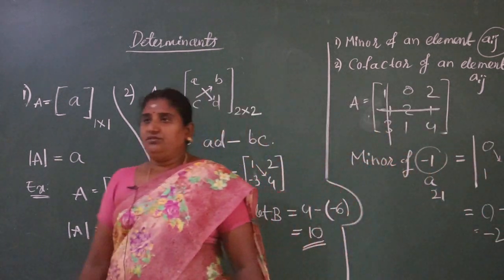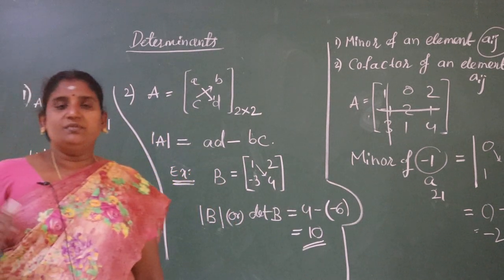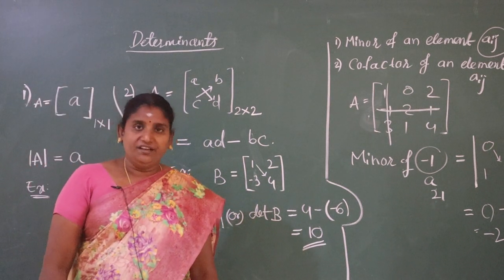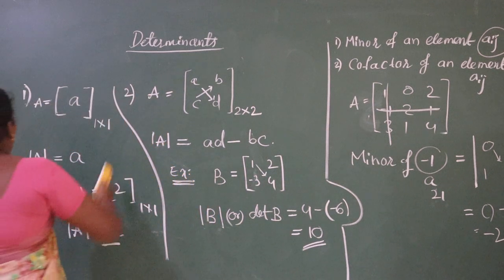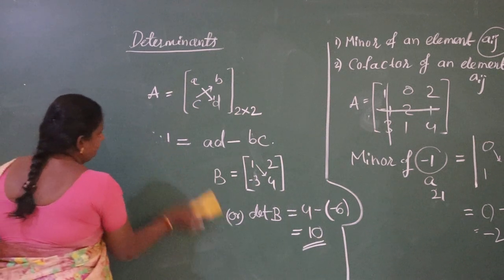Now I think you understood. Minor of an element is a determinant obtained by deleting the ith row and jth column. If you have any confusion, I will write it on the board.